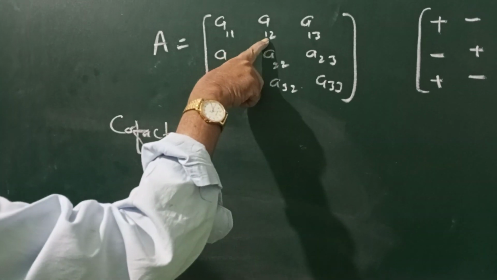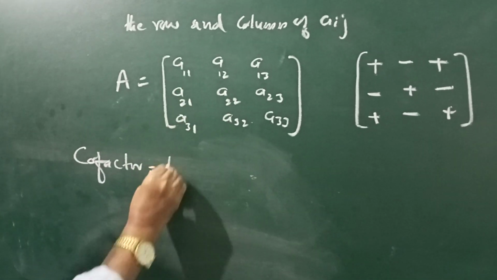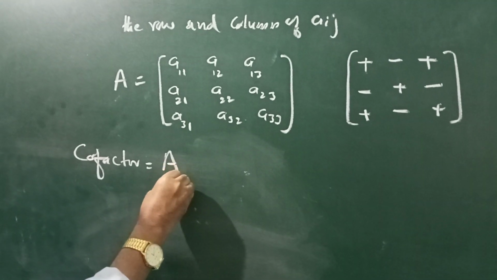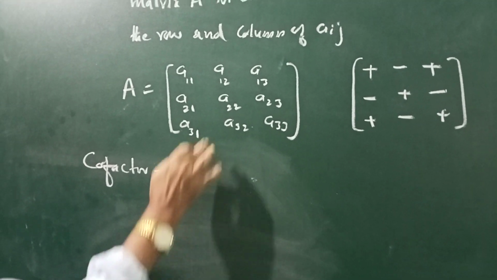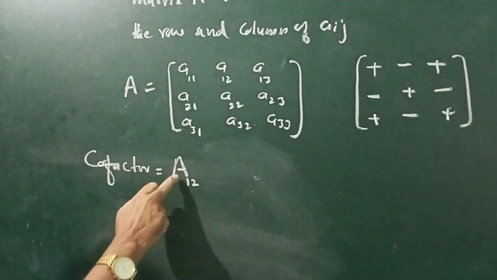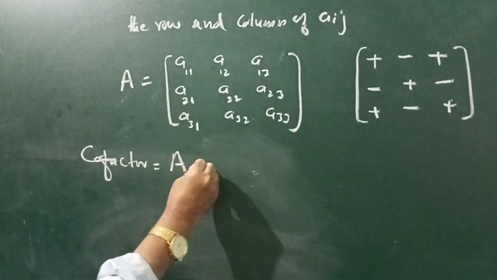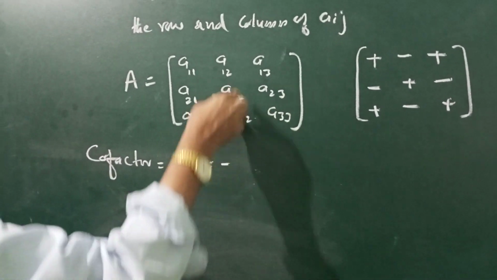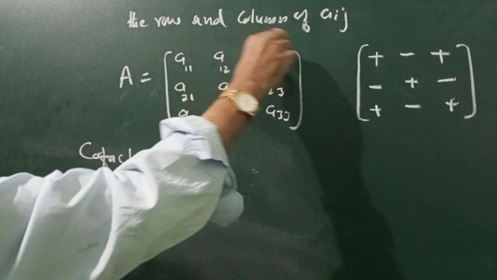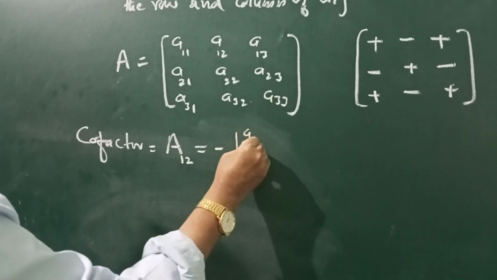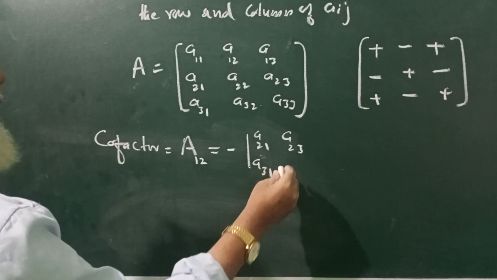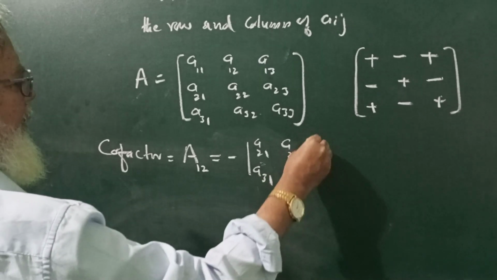For example, here we are writing the cofactor. Cofactors are denoted by capital A. Capital A12 is the cofactor of the element of first row, second column. The appropriate sign for this is minus. Delete the row and the column, that is A21, A23, A31, A33.